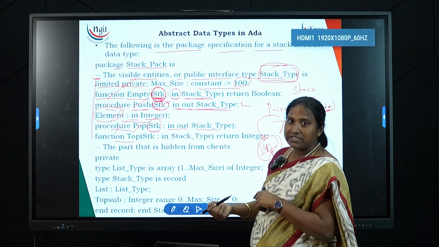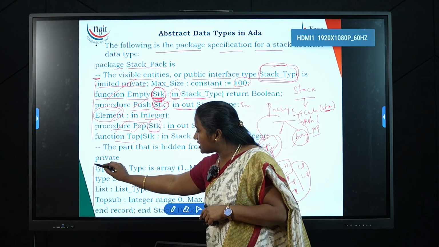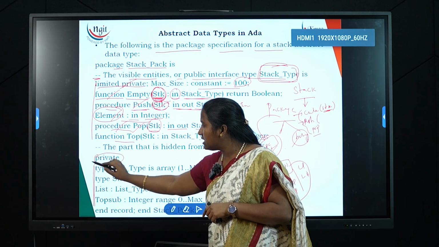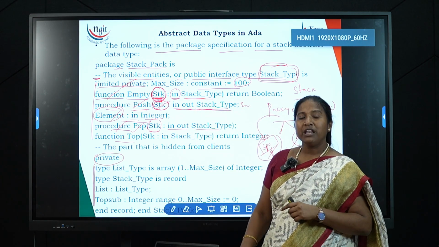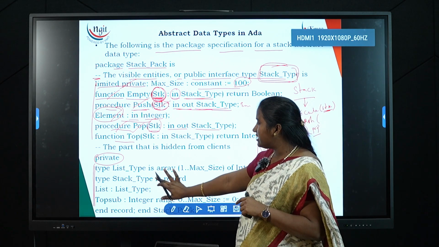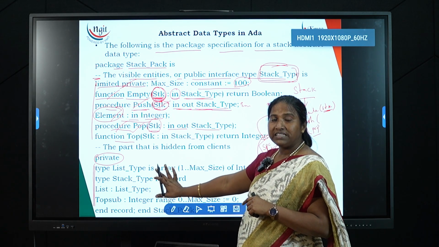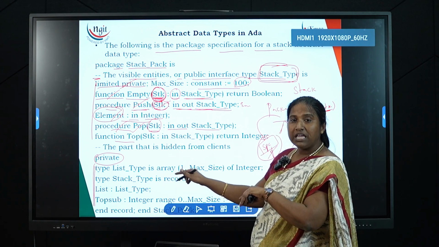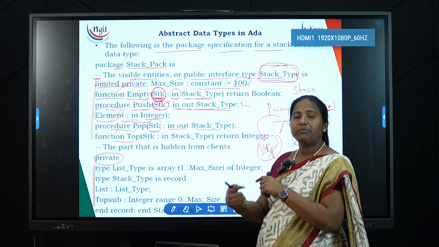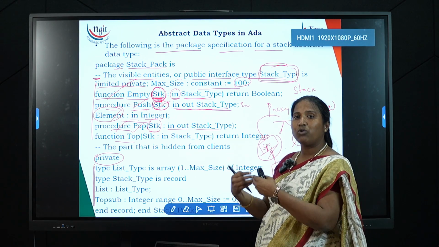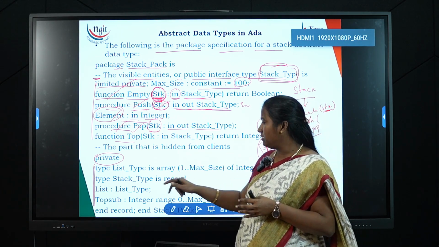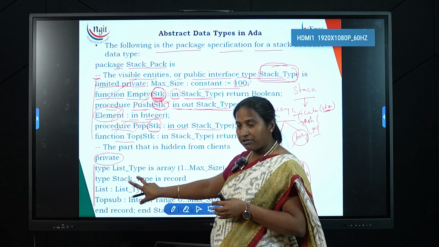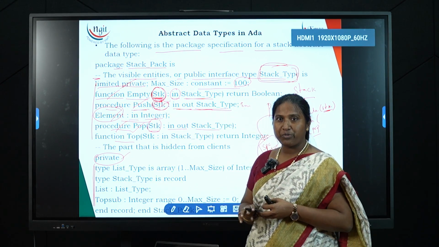And what is not visible, wherever I have used the private access specifier, that part is not visible. Now what I'm hiding is this particular data. This data will get hidden, and these are the essential attributes. If these attributes are modified by anyone, then the entire code will get spoiled. So that's the reason we took these as essential attributes and kept them inside private.